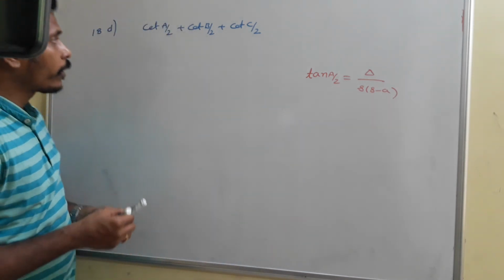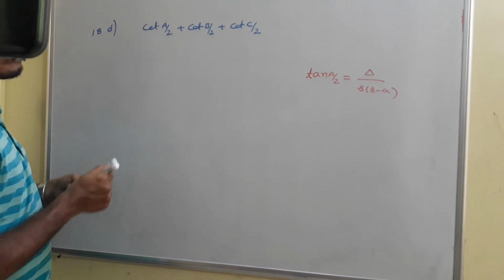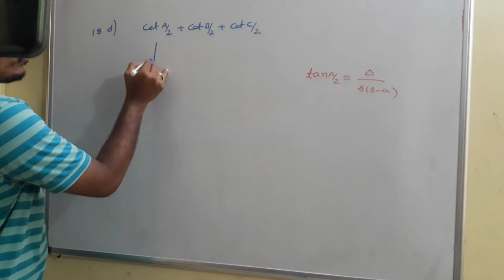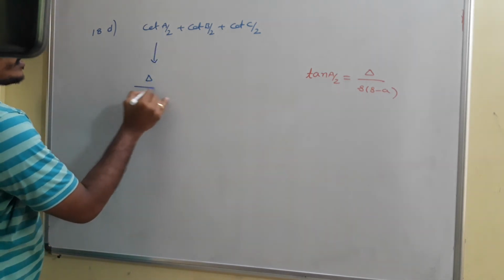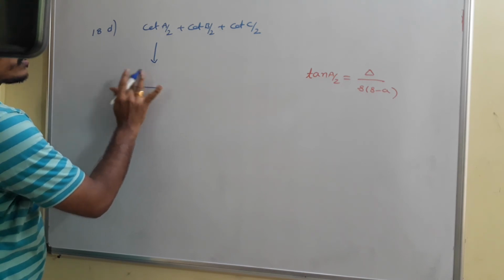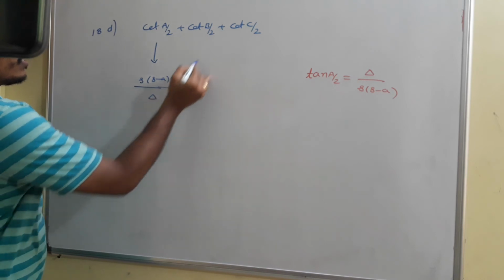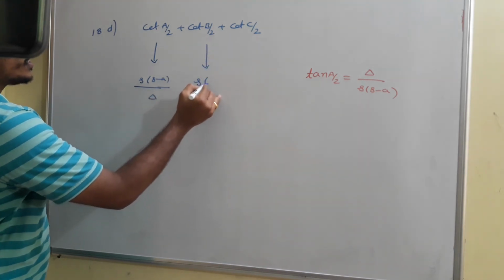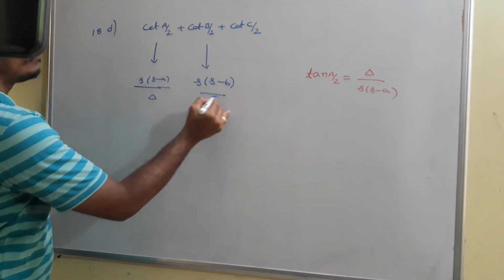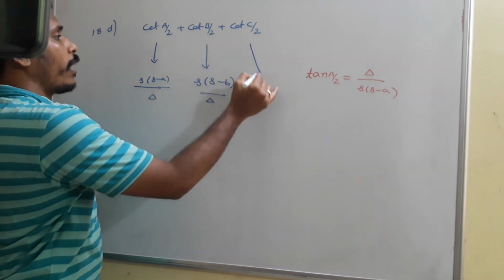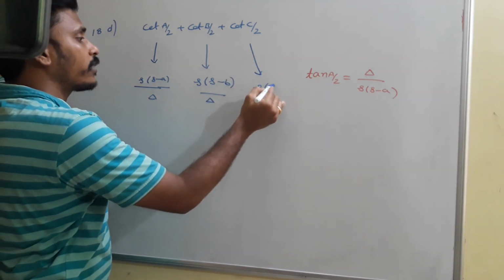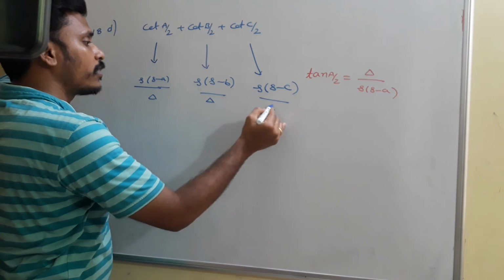That means cot a by 2 is simply its reciprocal: s into s minus a by delta. And cot b by 2 is simply s into s minus b by delta, and cot c by 2 is s into s minus c by delta.